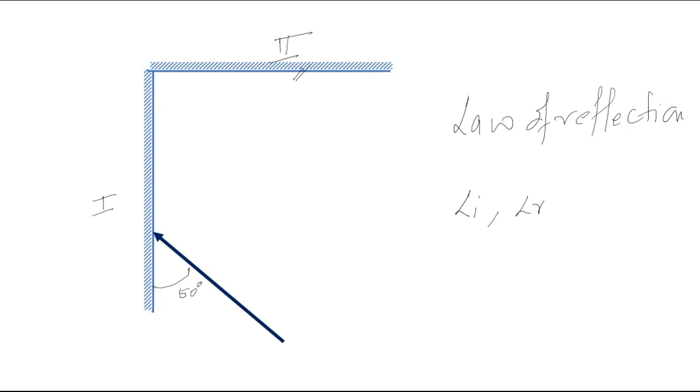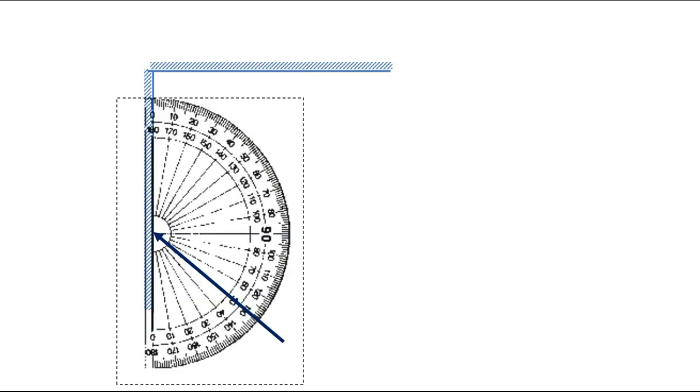Now how will you go for it? You have to keep a protractor here, right? And then see what the normal is here. This is supposed to be the normal. And what is normal? Normal is perpendicular. Right? So this is the normal.